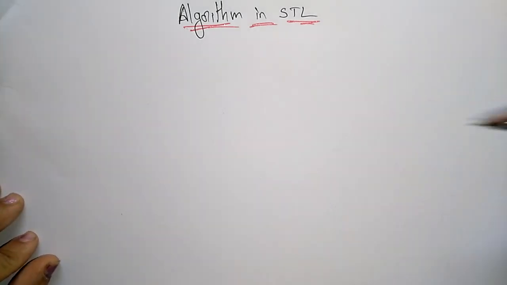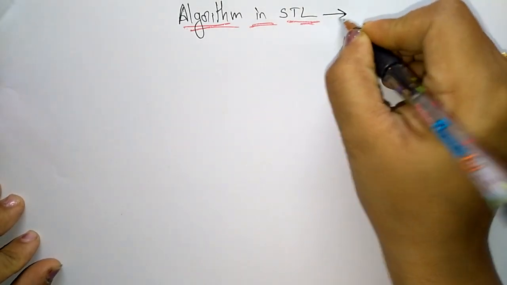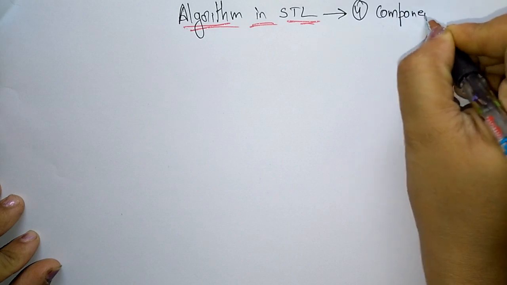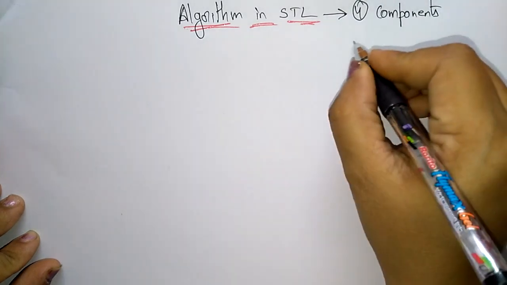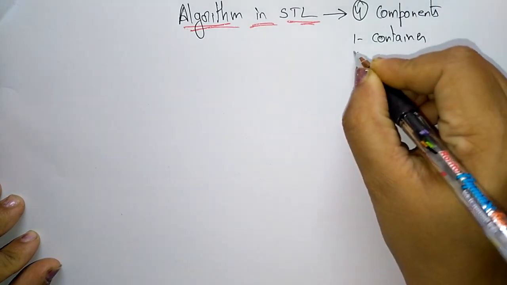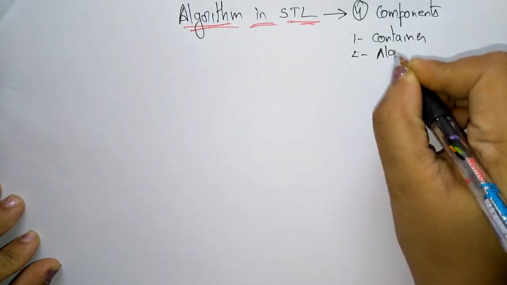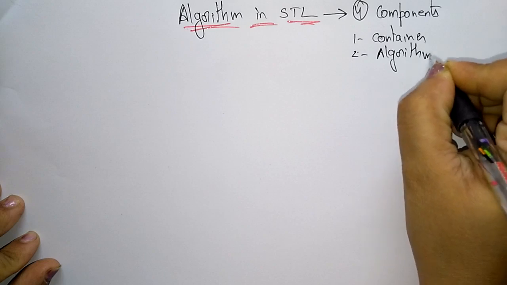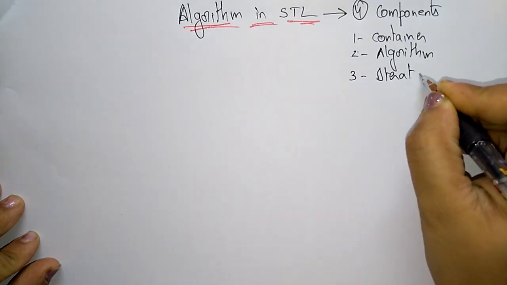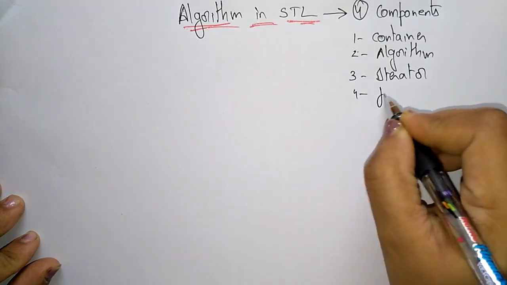Actually the standard template library contains four components. One is container, next algorithm, iterator, function object.